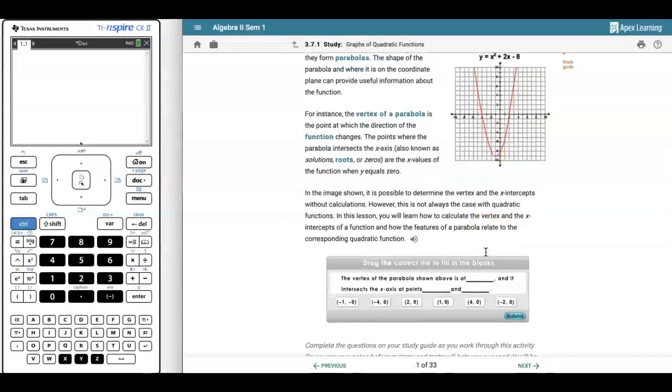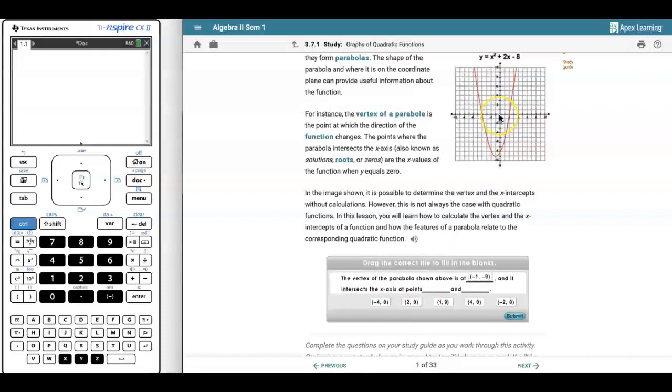It's really easy, in my opinion, to go from looking at a graph, but you've got to be careful when you're looking at the scale of things. Sometimes it's difficult to see these, so make sure that you zoom in and take a look. Here it's asking where the vertex of the parabola is. The vertex is over -1, down 9, so that makes it (-1, -9).